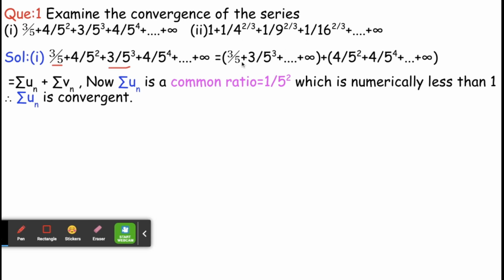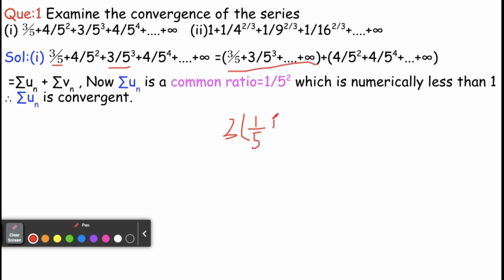In the first case we get 3 as common, then 1 upon 5 plus 1 upon 5 cubed, and so on.